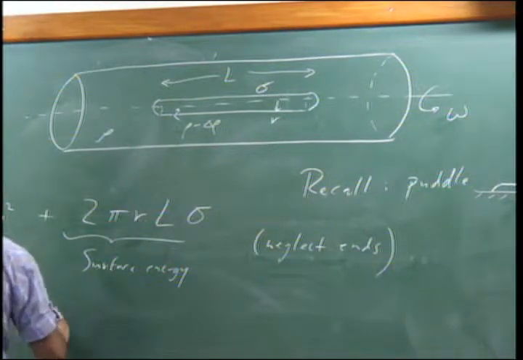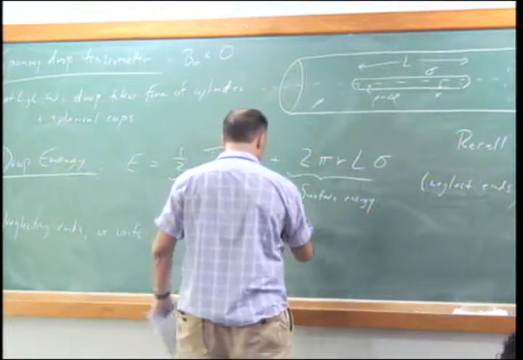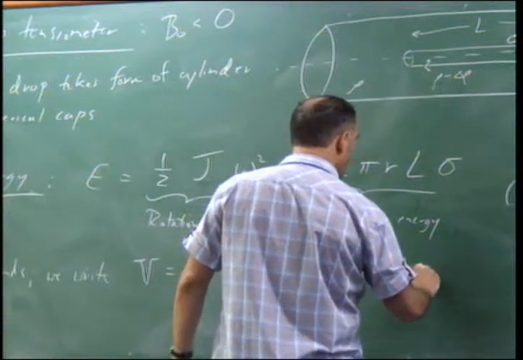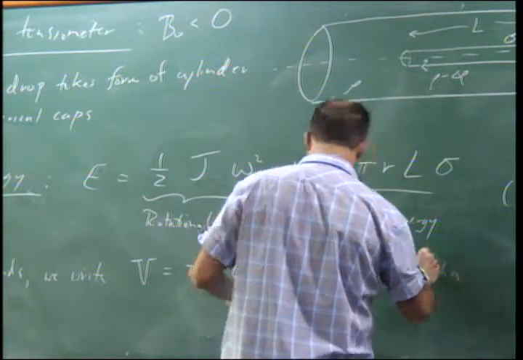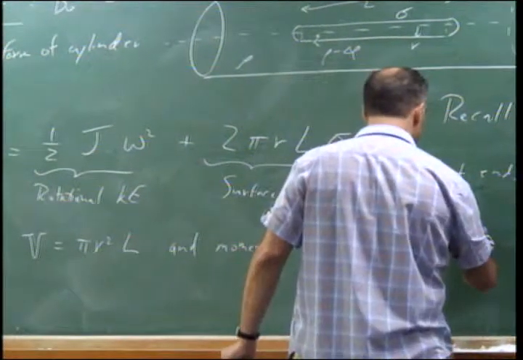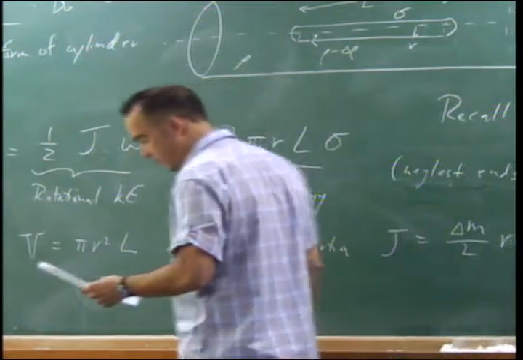And this is the moment of inertia. So for a cylinder it is r squared over 2.